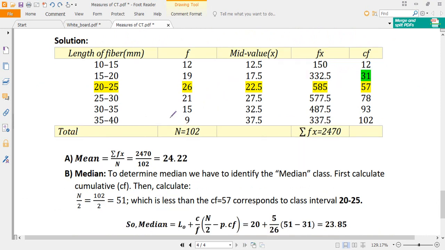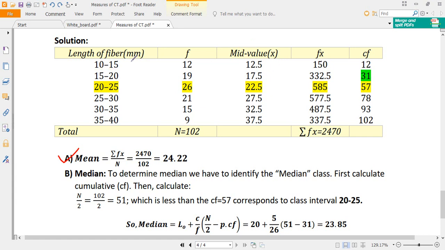To calculate the mean, we first have to determine the mid value, that is x. For this class we easily find the mid value: 10 plus 15 divided by 2 gives 12.5. Similarly, 15 plus 20 divided by 2 gives 17.5.